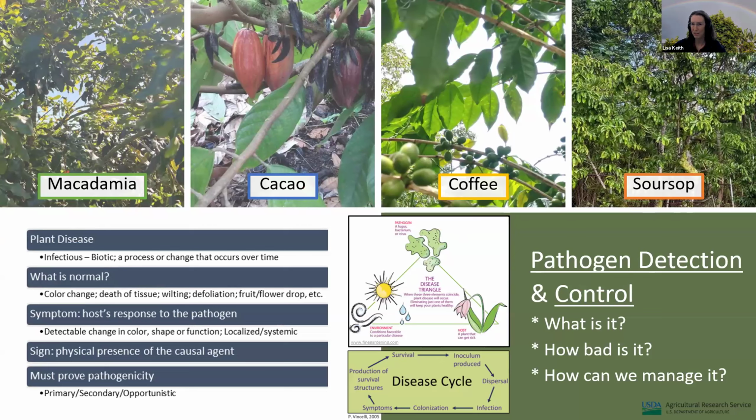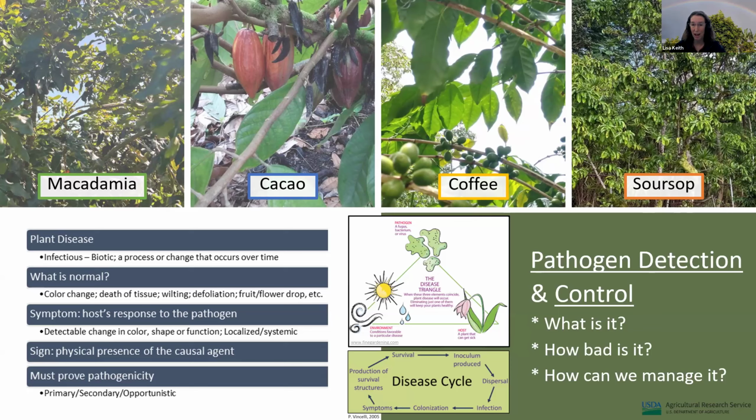So you can see here, we talk about and work with every day the disease triangle. In the simplest terms, for disease to occur, you need to have a susceptible host, you need to have the pathogen present, and you have to have the favorable environment. And that seems very simple, but it's actually quite complex, especially when you're trying to recreate it artificially.